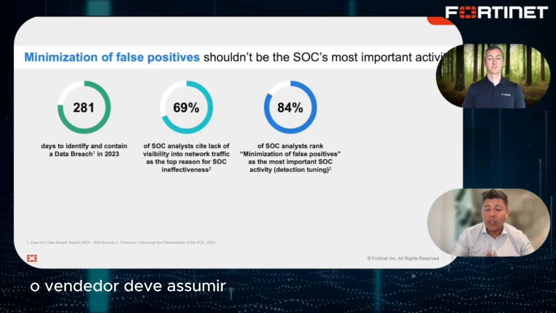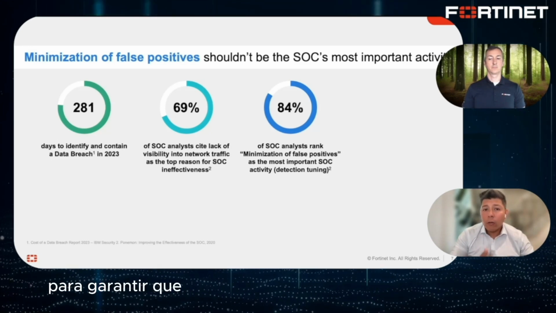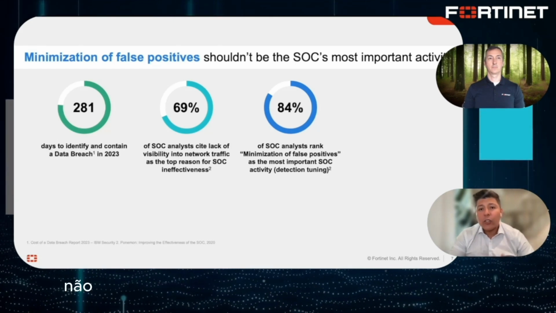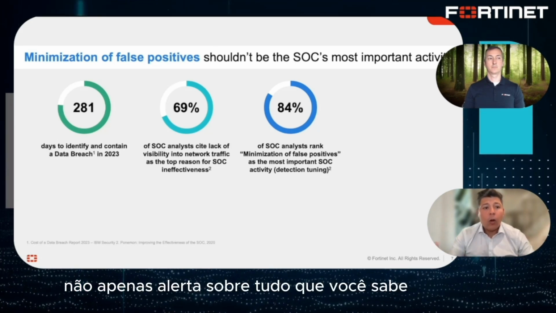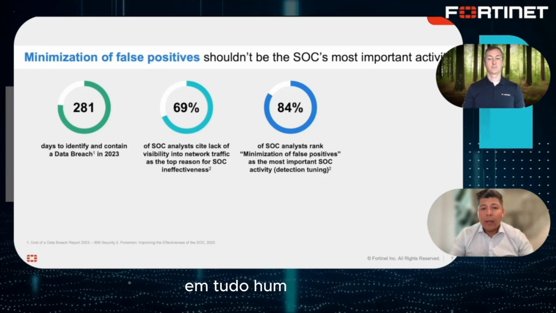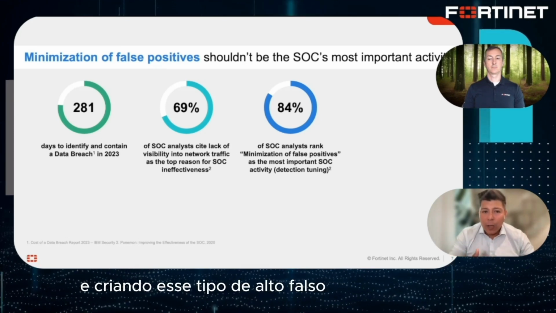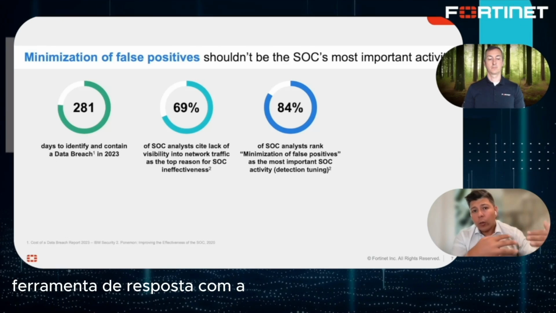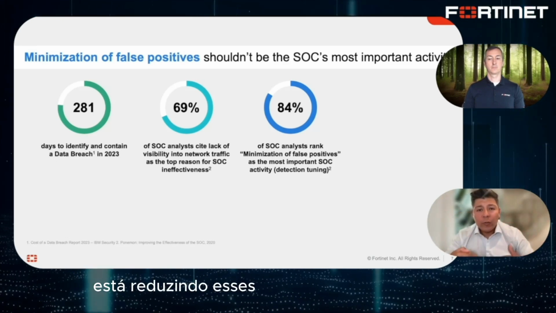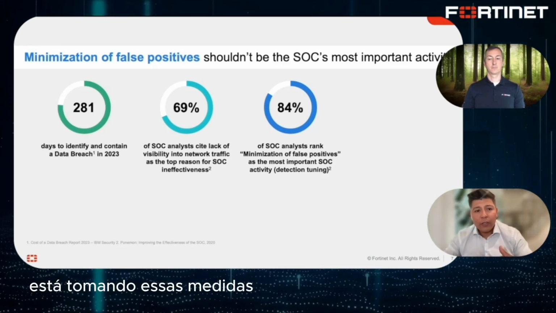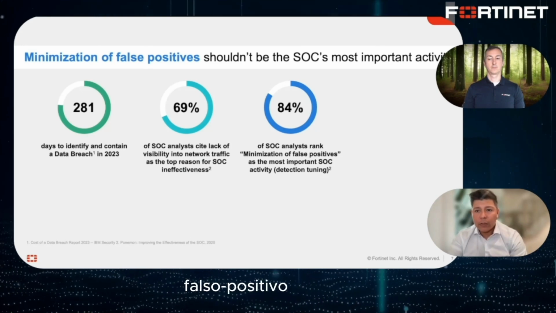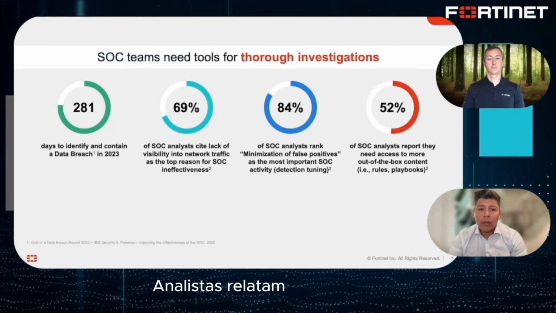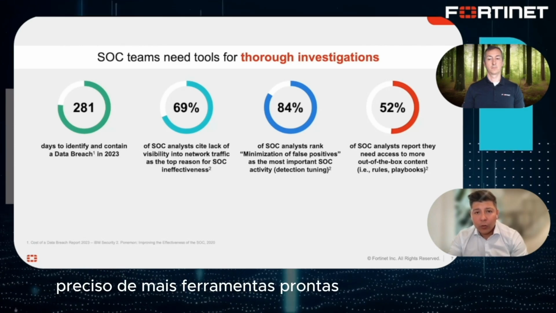The vendor should take responsibility to make sure that their products are creating high fidelity alerts, not just alerting on everything and creating that high false positive rate. So we want to make sure that whatever network detection and response tool you're working with, it is taking proactive steps to reduce the false positives. And lastly, we see that 52% of SOC analysts report that they need more out-of-the-box tools.